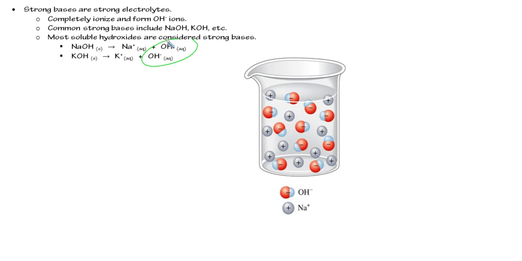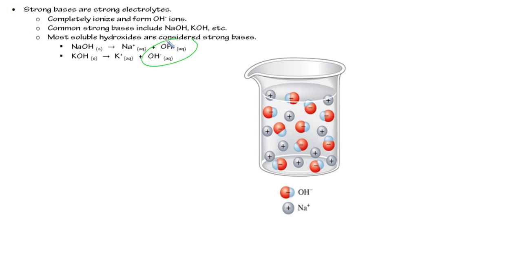Everybody splits. That's why it's considered strong. The base part is because one of the ions is hydroxide. Any soluble hydroxide, any hydroxide that dissolves well, is usually considered a strong base. So like sodium hydroxide is probably the most common strong base that we'll use. Again, something that dissociates 100%.